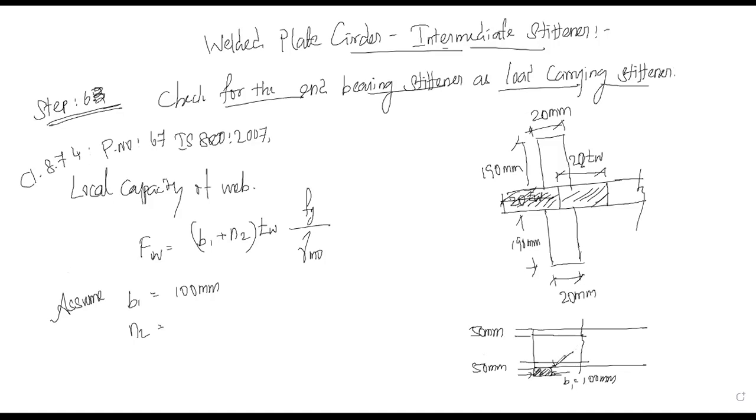This inclination is nothing but n2, that is 1 is to 2.5 ratio. With the 50 mm height of flange, the dispersion is 50 into 2.5.